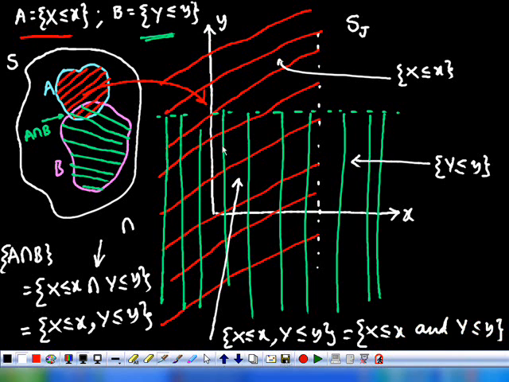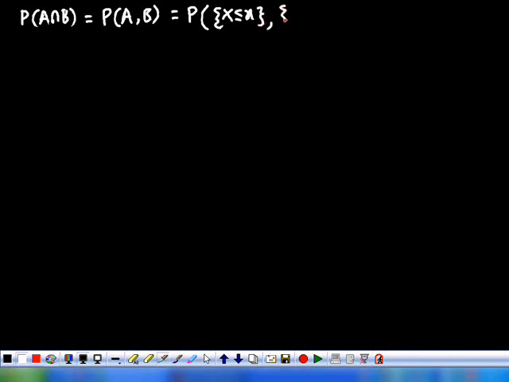Now we try to do this. We already know that the probability of A intersection B, the joint event, a joint probability, is equivalent to probability of AB, that is probability of X less than or equivalent to x comma Y less than or equivalent to y.